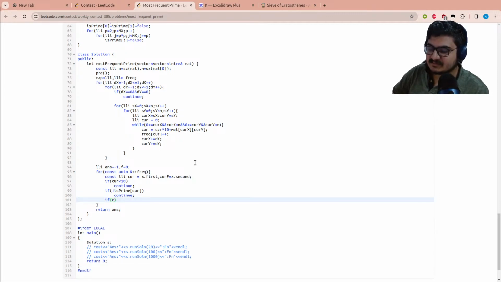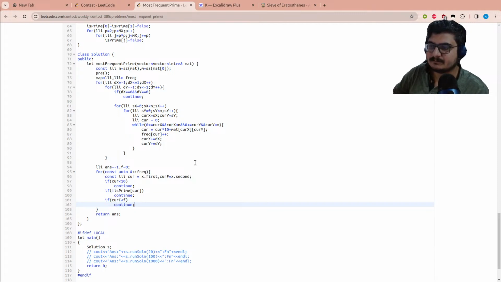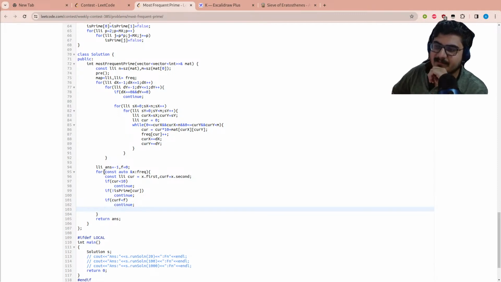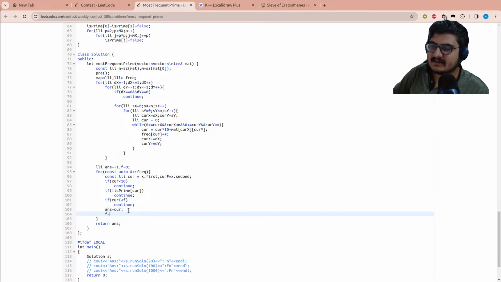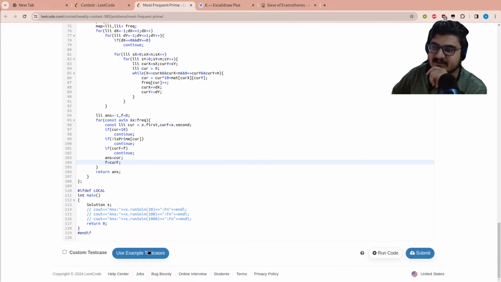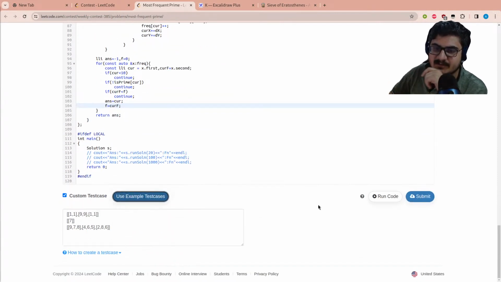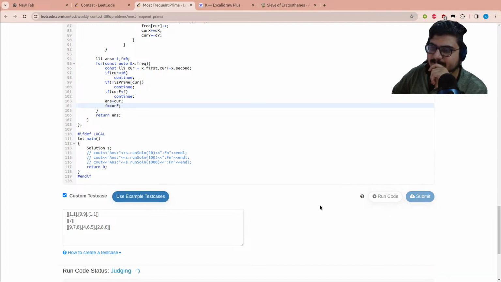If the current number's frequency is less than our answer frequency, continue. And because in C++ the numbers are in sorted order, we can directly say that the answer is current and answer frequency is current f. Or we could have added a check: if f equals the current frequency, take the max. If you are using an ordered map, you might need it.